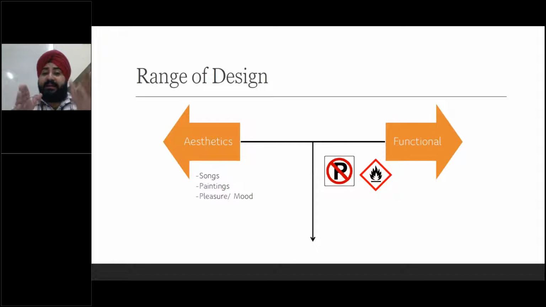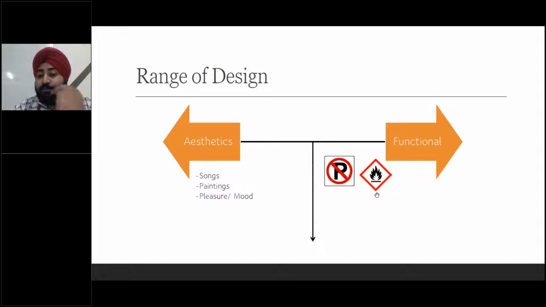The designs which make your eyes pleased are more on the aesthetic side. And if I go to the right side, the functional side, there is a very well known symbol. This is a no parking symbol. We all know that. If we look at it, it is not beautiful, but it is very meaningful and informative. This is functional design.